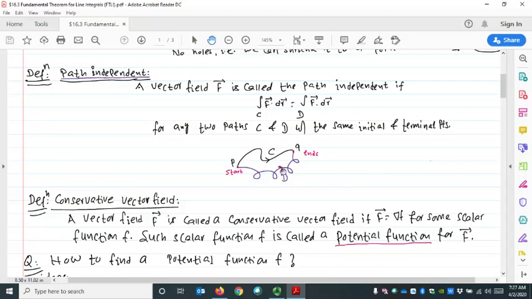We don't care what the path is, we just care about the initial point and the end point. If the line integral over C equals the line integral over D for any two paths with the same initial and terminal points, we call the vector field path independent.